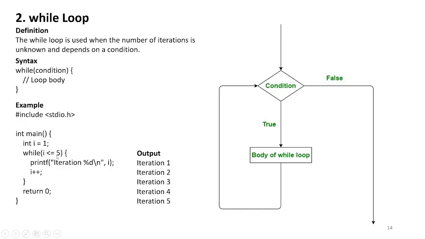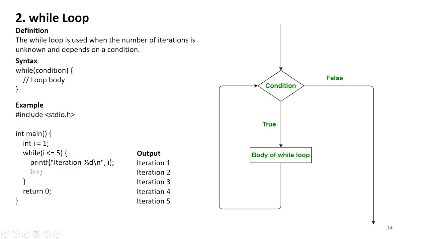Definitely 1 is less than 5, so it prints the iteration and the value of I, then updates the value of I. Now it's re-entering the while loop, and the value of I is 2 because we have incremented it using plus plus or I equals I plus 1. It checks if 2 is less than or equal to 5, yes, then it prints iteration 2.